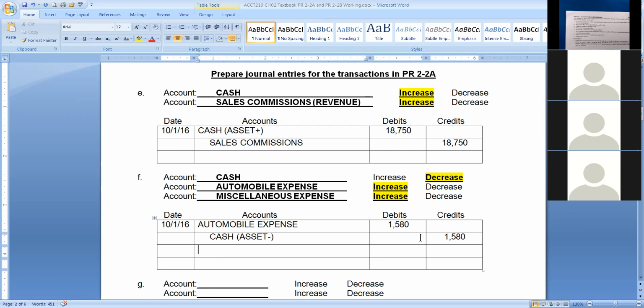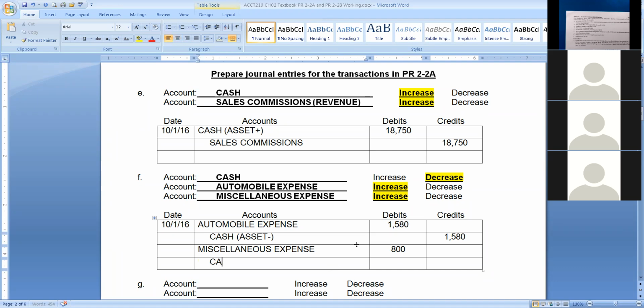And the miscellaneous. And you could combine the two cash accounts. I would probably put it in separately.